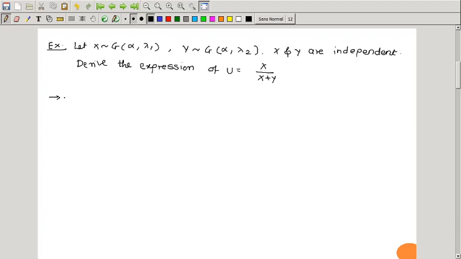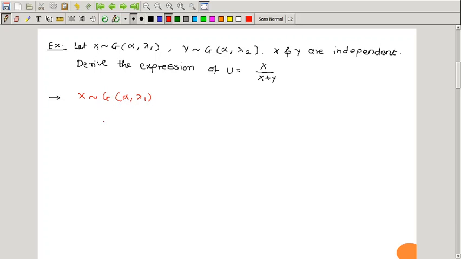So firstly we will see the given information. What is the given information? We have given that X has a gamma distribution with parameters alpha and lambda 1.